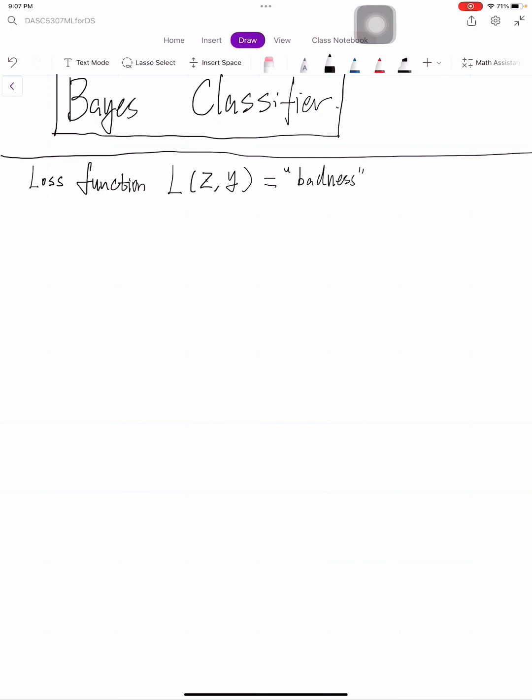This quantifies how bad it is if a classifier gives a wrong prediction: how bad it is if the classifier predicts the class is z, but the true class is y, where y doesn't equal z.